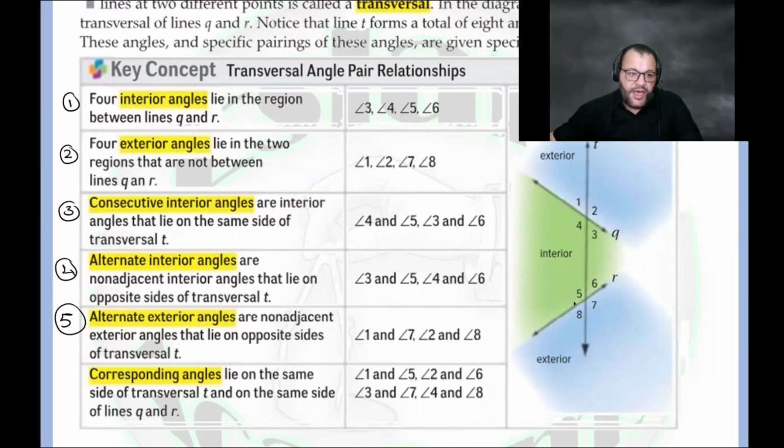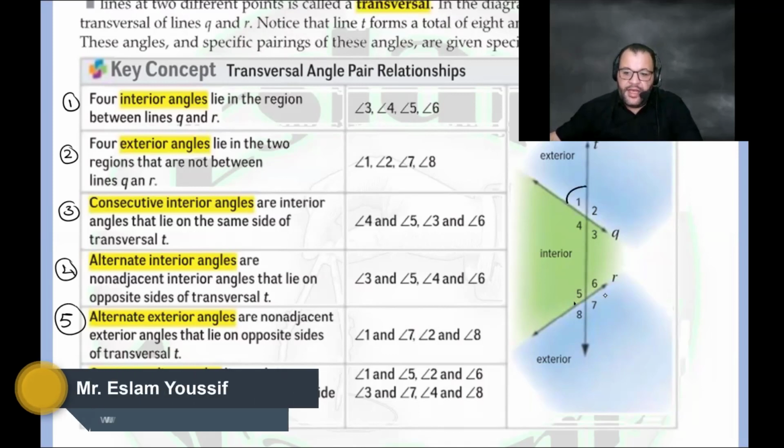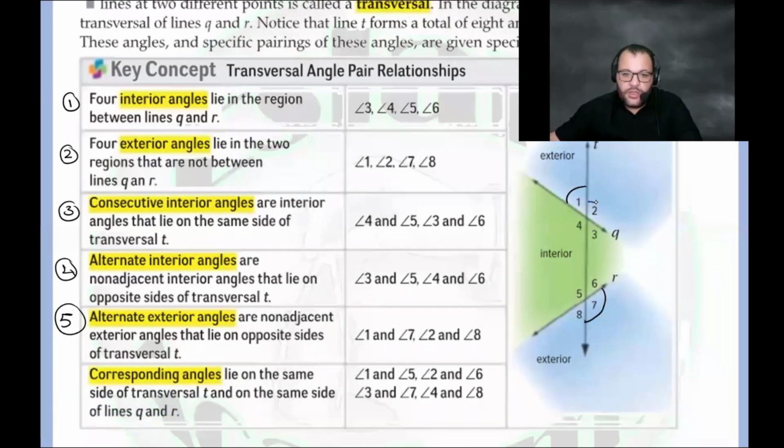So we can say that angle 1 and angle 7, one at the left and one at the right, and angle 2 and angle 8, lie on two different sides of the transversal, both are exterior, and they are not adjacent. Can we say that angle 1 and angle 2 are alternate exterior? No. Why? Because they are adjacent. The two angles must be not adjacent. Any problem for that point?